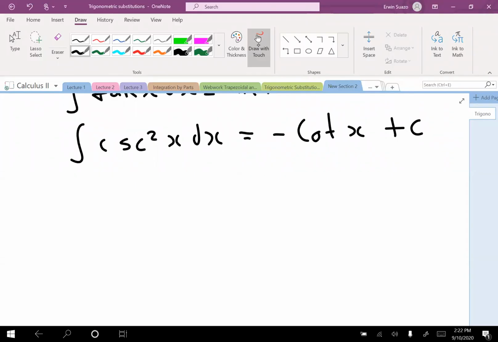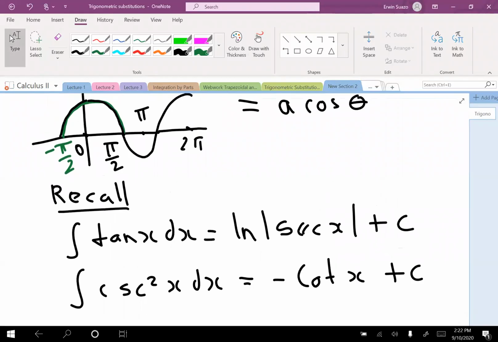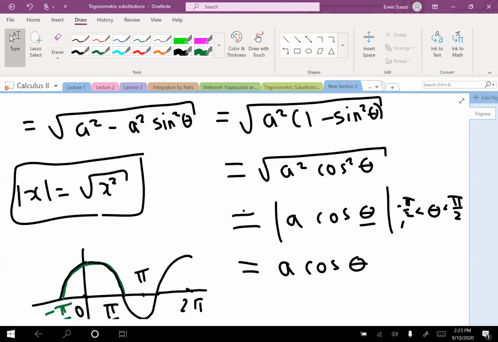Sir, can you go up a little bit? I have a question on the previous problem. Why is it that you get the square root of a squared minus a squared times sine squared? Oh, because I replaced it.